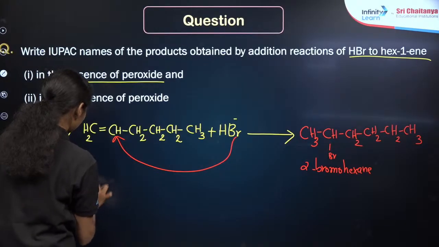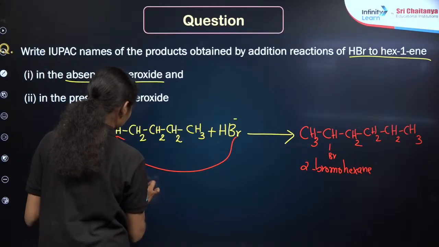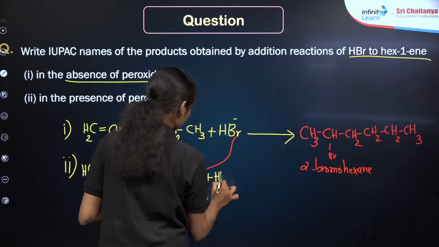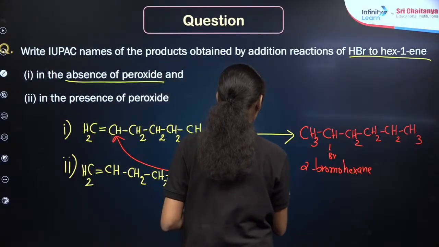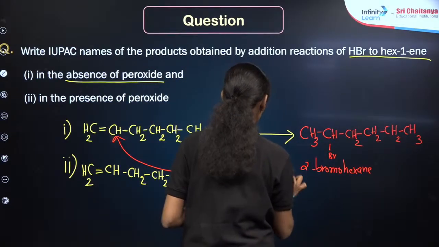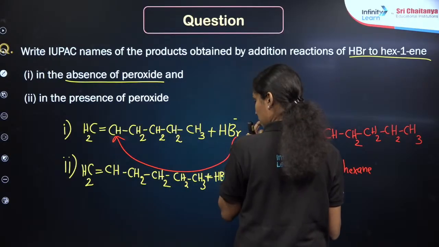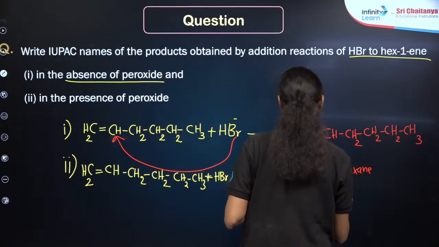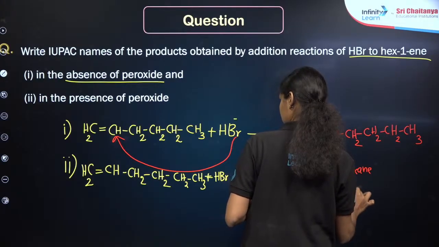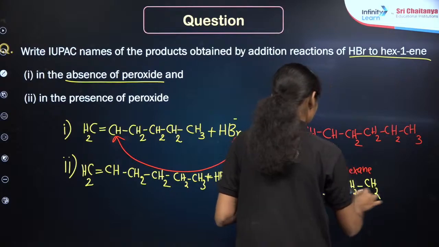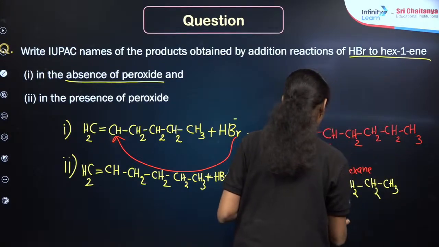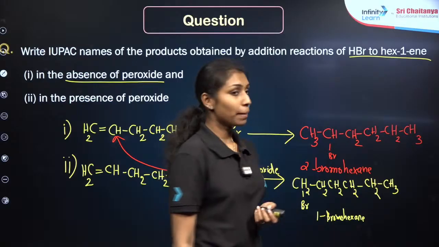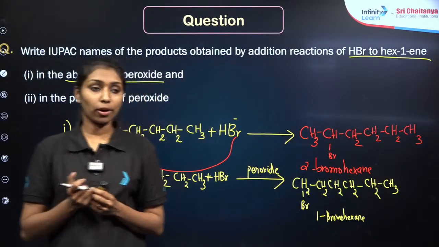So just like that, 1-bromohexane will be the major product in case of the peroxide effect, the Kharasch effect.